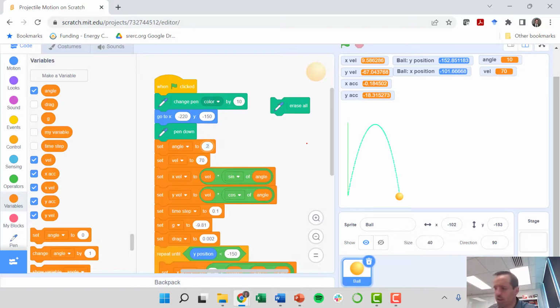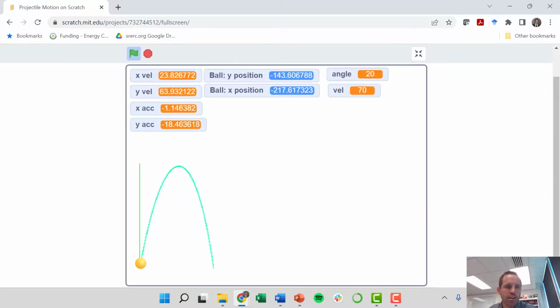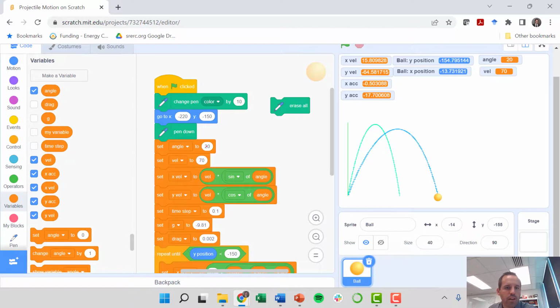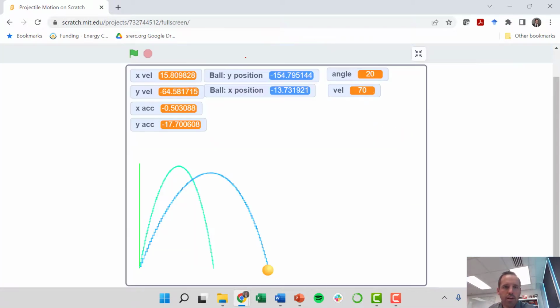Let's give it 20 degrees, and we'll come back here and simulate it, and you see we can read all of our acceleration, our velocities, and our positions all in real time as the ball travels through the air. So that launch angle of 20 results in this greater distance. Okay, 30. I'll just do a few of these so you get the idea.